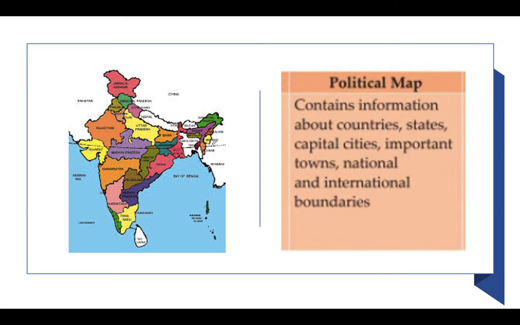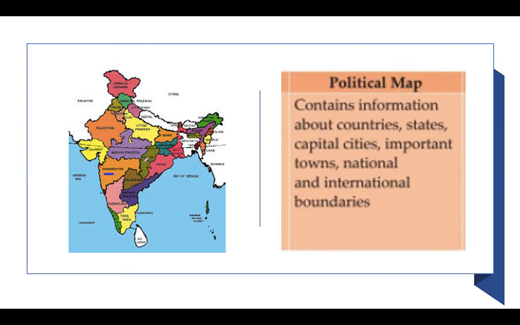Second one is the political map. What is a political map? If you see this map of India, it shows various states. How many states are there in India? Yes, you are correct. In India, there are 29 states.